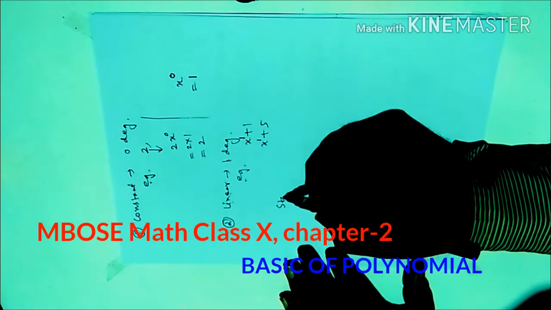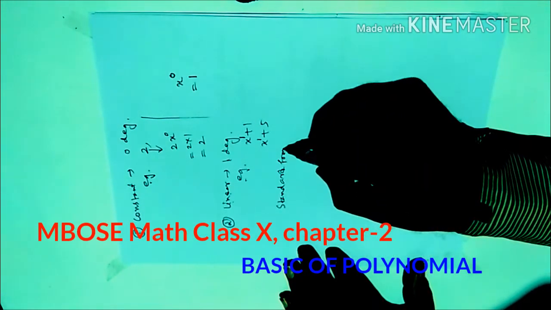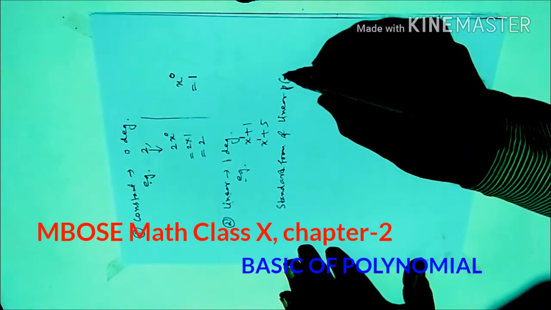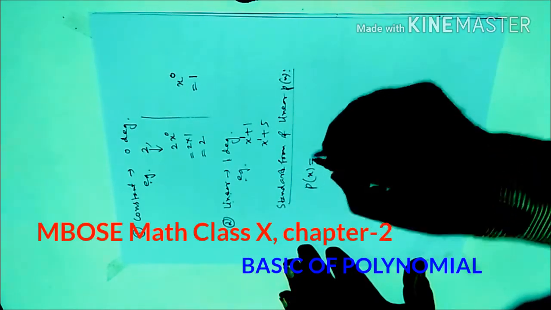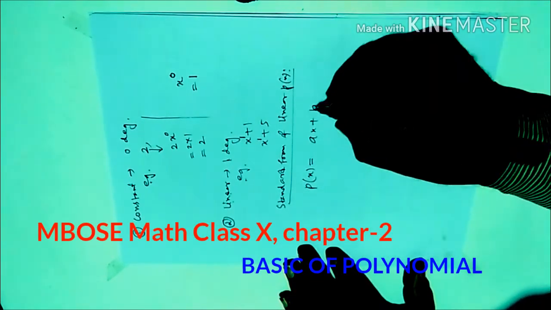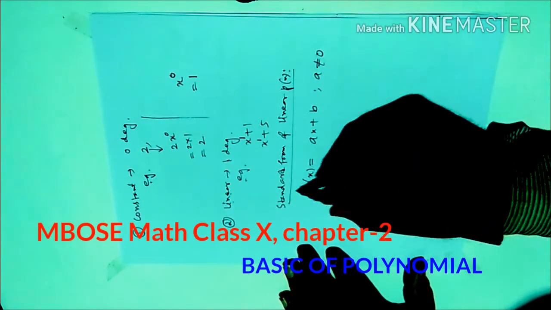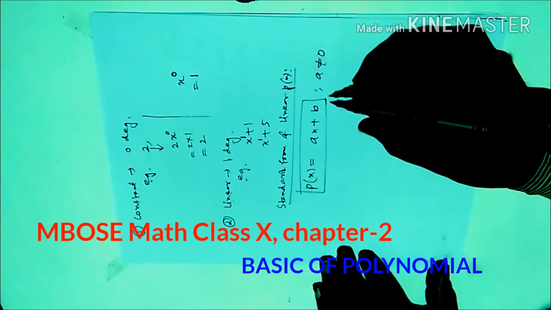So standard form of linear polynomial. So for linear polynomial, this is the standard form. Ax plus b, and a should not be 0. So this is the standard form of the polynomial.